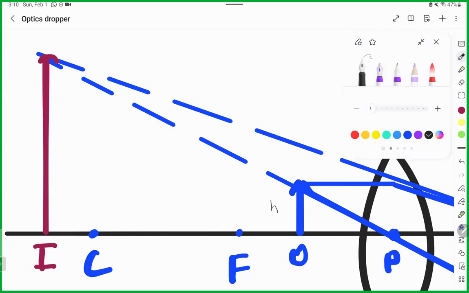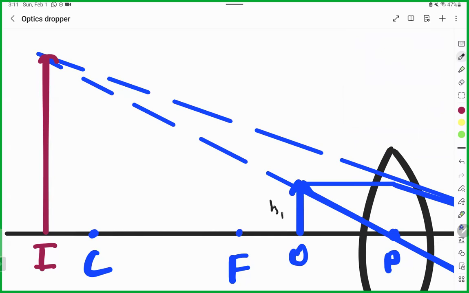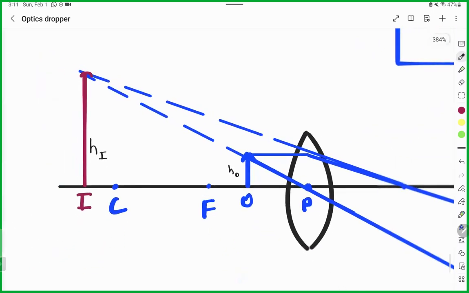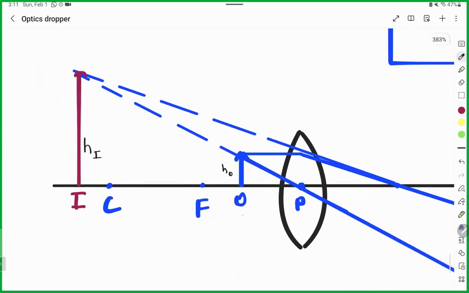Here you have height of the object as positive, and height of the image is positive. So both are positive. In this case, the distance of the object is minus u, and the distance of the image is minus v. Both are minus, minus, minus, plus. Make sense, guys?